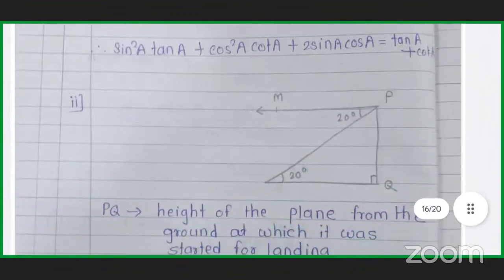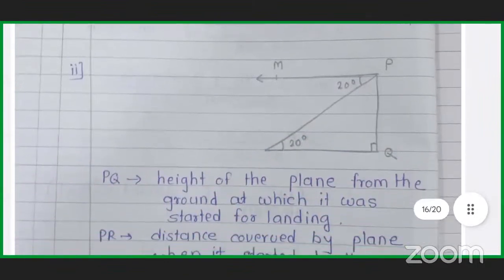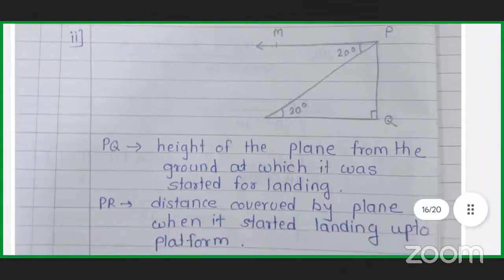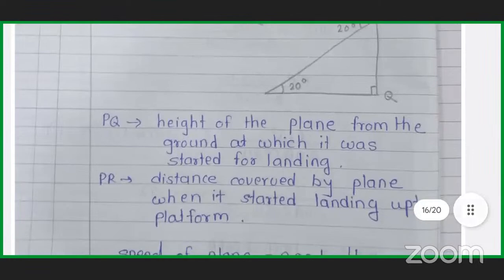So we have to find out the height at which the plane was when it started landing. So we have to focus on the diagram. PQ is the height of the plane from the ground at which it started landing. That means we have to focus here on PR, the distance covered by the plane from when it started landing up to the ground.